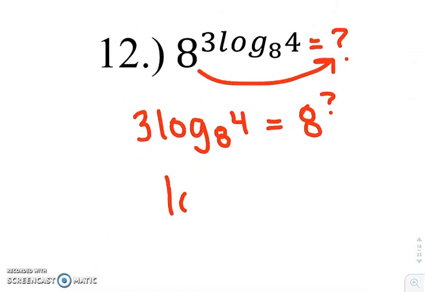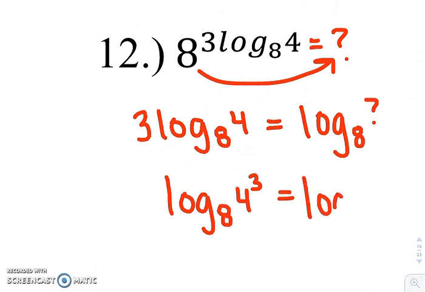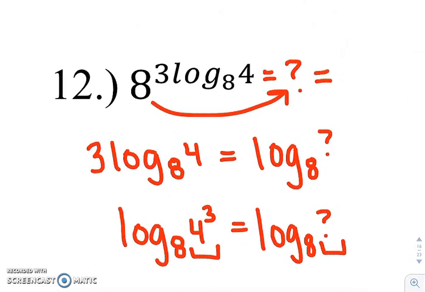So this is really log base 8 of 4 to the 3rd equals, and this should be not 8 to the power of, this should be log base 8. So if that's the case, it needs to equal that expression. So it's going to be 4 cubed, which is 64.